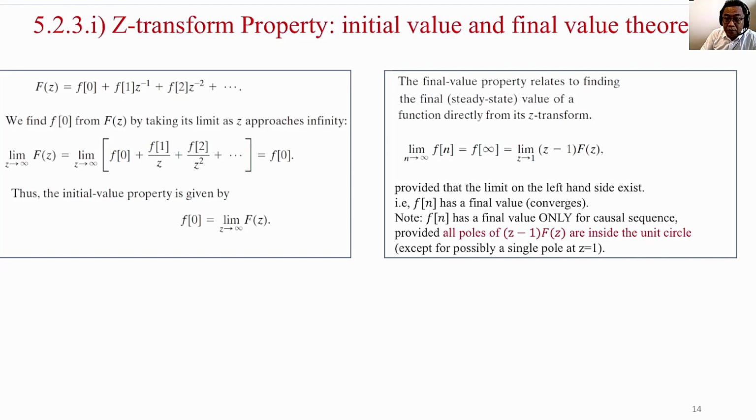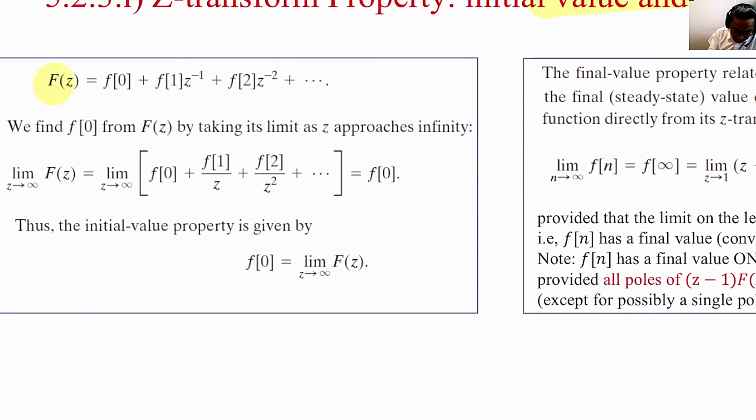This is a slide introducing the initial and final value theorem for Z transform. Given F(z), if we want to find small f(0) in time, what we can do is take F(z) and let z tend to infinity.